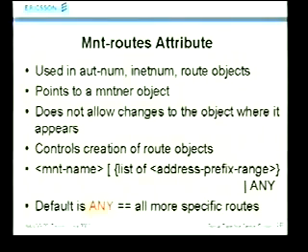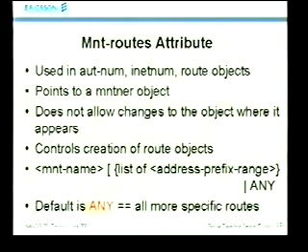Okay, the MNT routes attribute. It's used in aut-num, inet-num, and route objects. It points to a maintainer object. It does not allow changes to the object where it appears. That's also true of MNT lower. If you have an MNT lower attribute in an object, if you have the key to the MNT lower attribute, it doesn't mean you can change that object in which it appears.